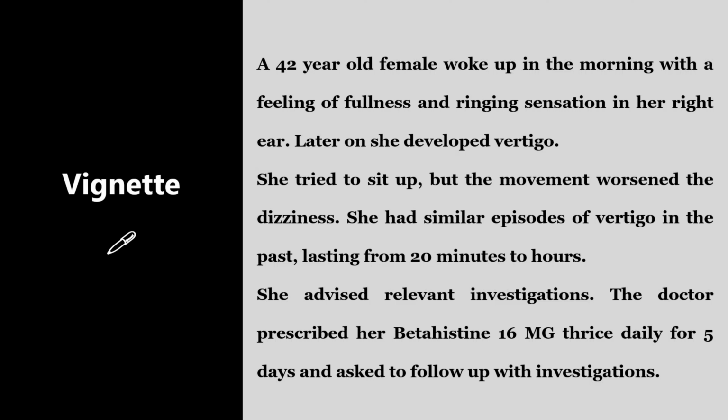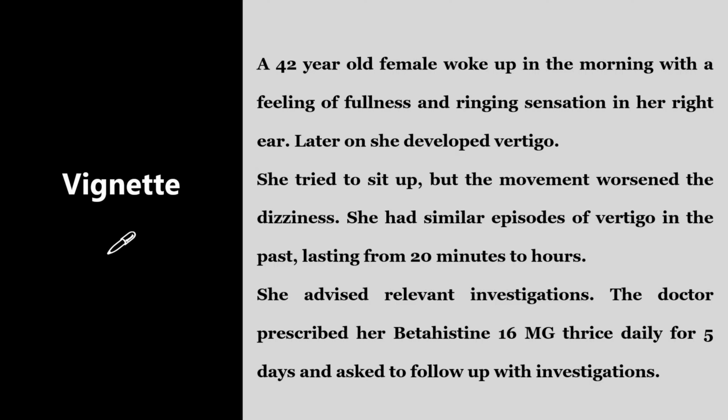In this case, the patient had recurrent vertigo, ear fullness, and tinnitus, which suggest diagnosis of Meniere's disease. Vertigo in Meniere's disease may persist for 20 minutes to 24 hours. Betahistine is useful to prevent vertigo in Meniere's disease. Now, two questions come into our mind.